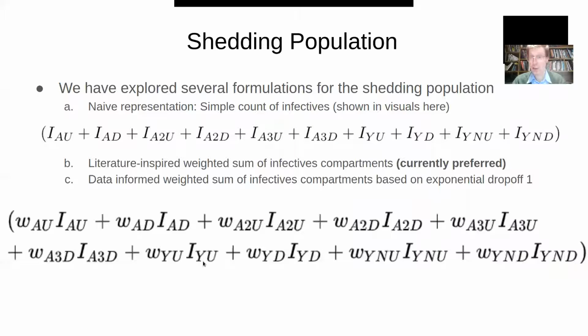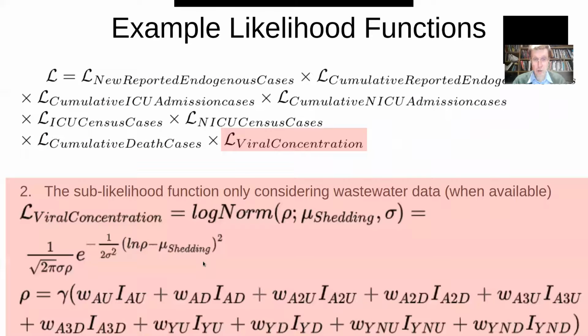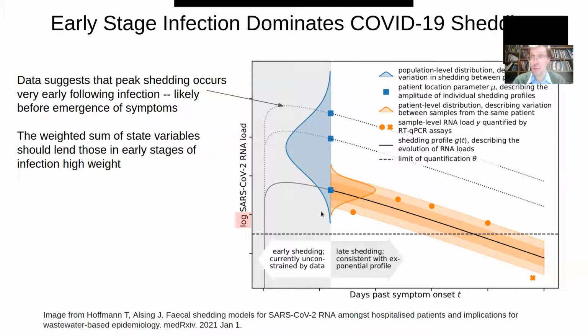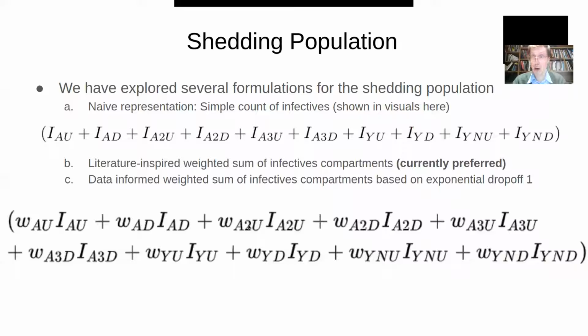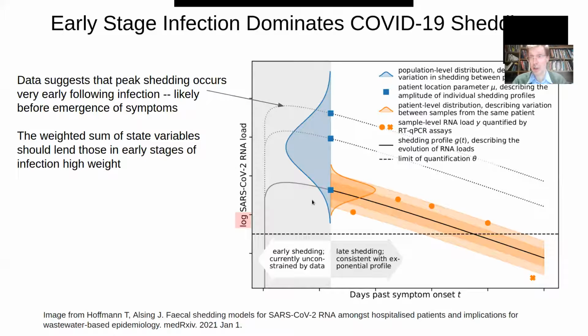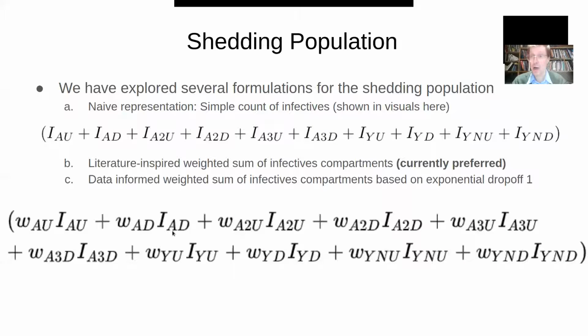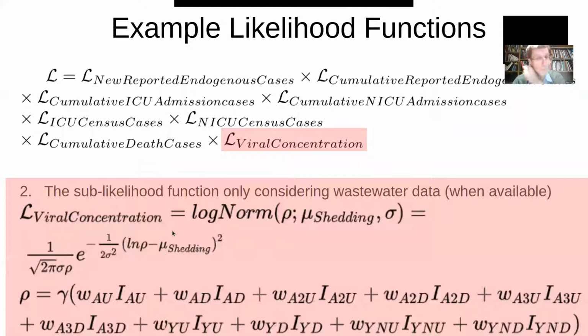And so we have different weights, and we've been working to try to best integrate elements from the literature with more refined shedding representations. We do find a weighted shedding representation, which heavily weights those in earlier stages of infection, reflecting the log linear, in other words, exponential decrease over time in COVID-19 viral load levels within a given person, to better match the empirical data when we use them with the model.